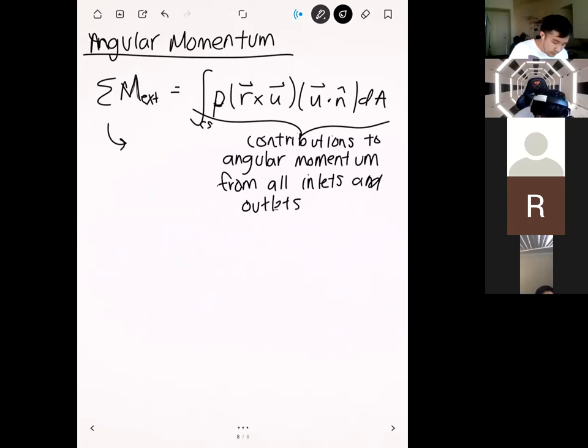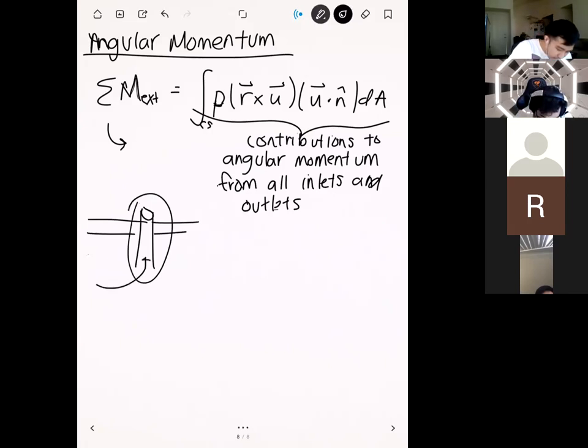If we draw a simplified picture, here's our sprinkler head, and it's going to rotate around this shaft right here. Our inlet is coming in up like that. Remember, to have angular momentum there has to be some distance between the shaft and the velocity, because that's what this R represents: the distance between the velocity and whatever axis we're rotating about.